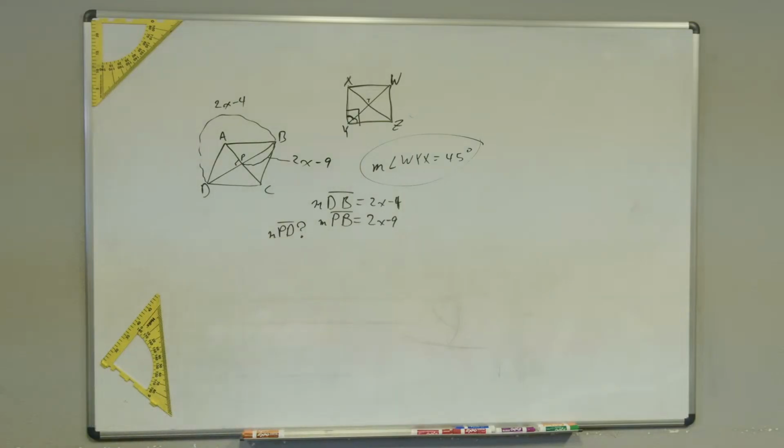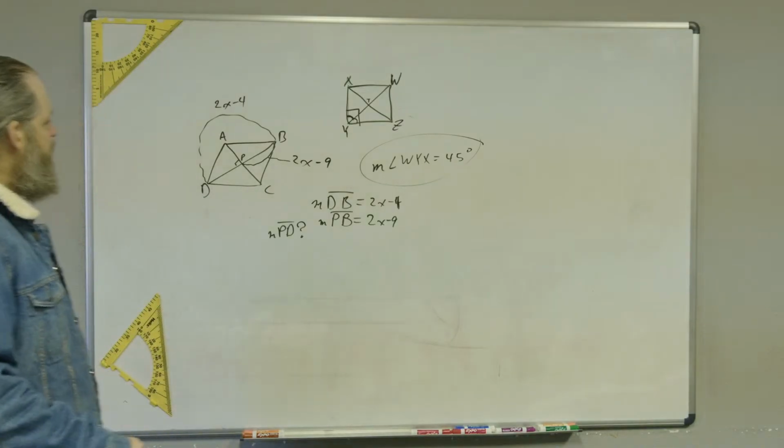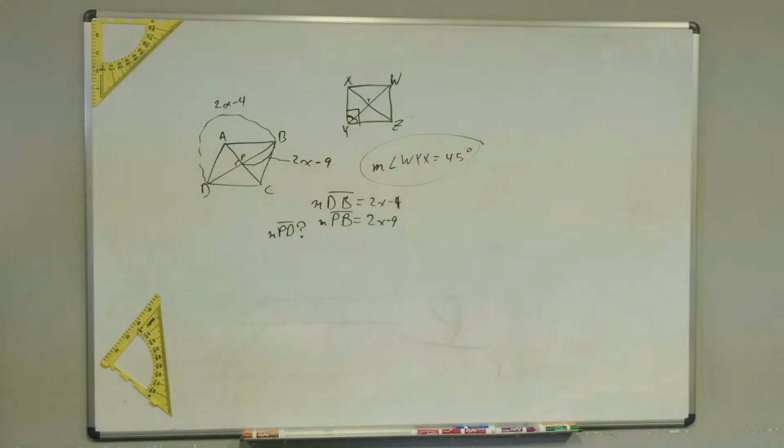All right. So, because it's a rhombus, which means it's also a parallelogram and a quadrilateral, but quadrilateral is the most useless thing. Yay, 4 sides. What facts could we use to find x?